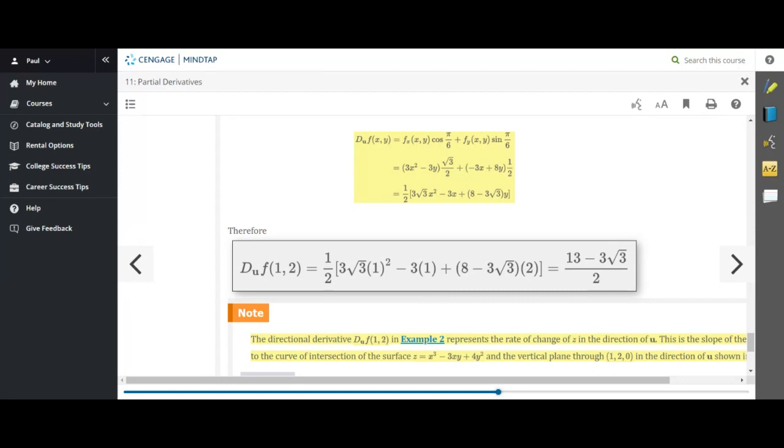That's what it equals. And that slope is positive, since 13 minus 3 root 3 is a positive number. And that is the rate of change of z in the direction of u. It's the rate of change of the function in the direction of u.